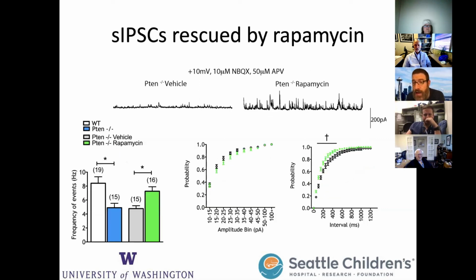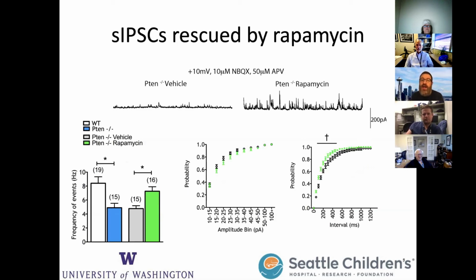It turns out that this is rescued by the application of rapamycin. So you take these animals that you've now given a hyper mTOR-like scenario, and you give them rapamycin and you shut mTOR down, you actually restore the inhibition that's lost in the PTEN knockouts.